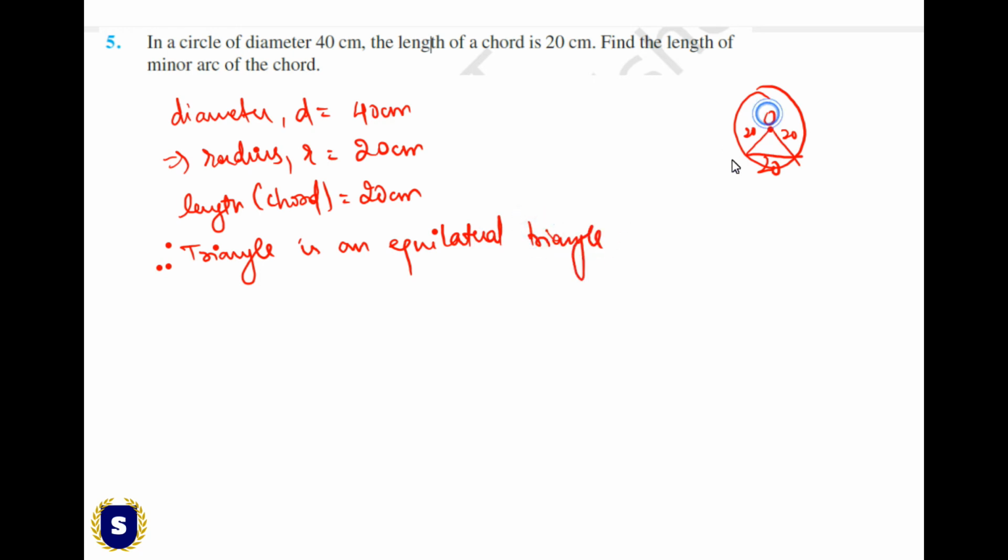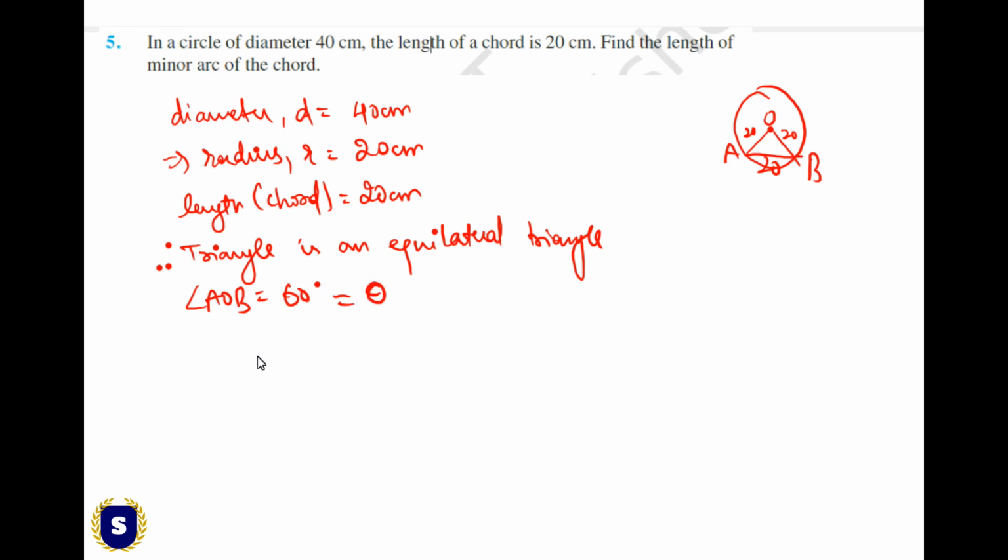Let us name it OAB. So what should be the angle at the center? That is angle AOB. It should be 60 degree because it is an equilateral triangle, right? So that is equal to theta.